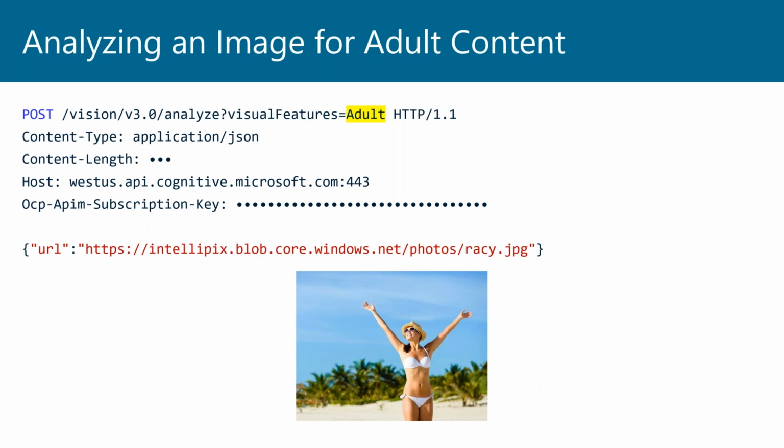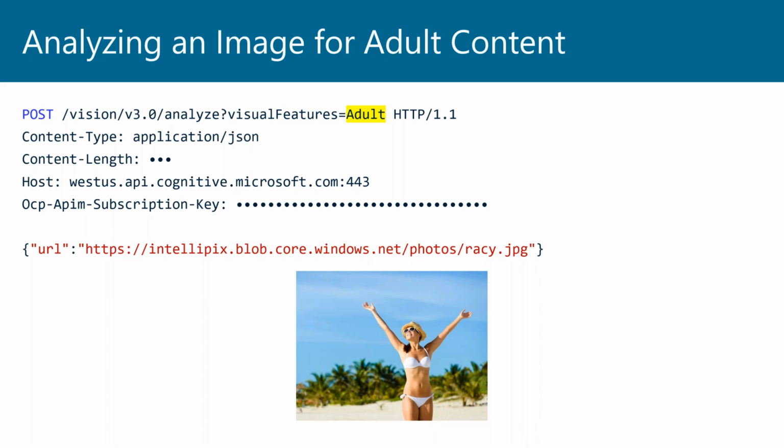In the Ocp-Apim-Subscription-Key header, I pass a subscription key, which I obtain from the Azure portal. That's how Microsoft knows if there are charges due for my calls to these APIs. That's how it knows which Azure subscription to do the charging to. Then in the body of the HTTP post, in this case, I specify the URL of the image.